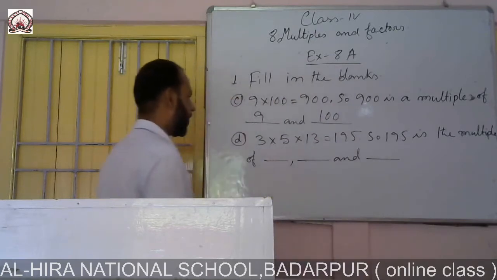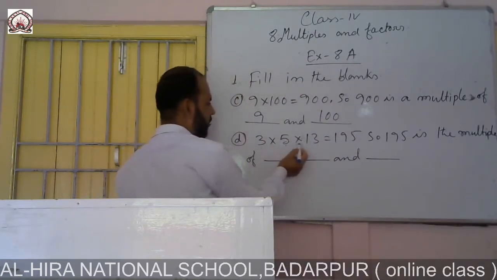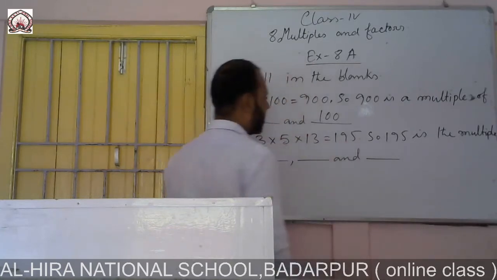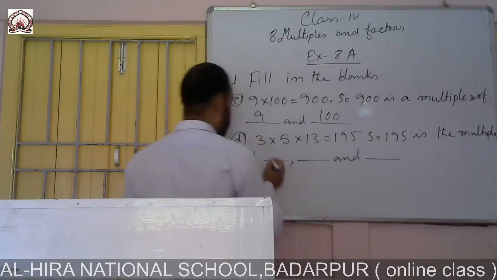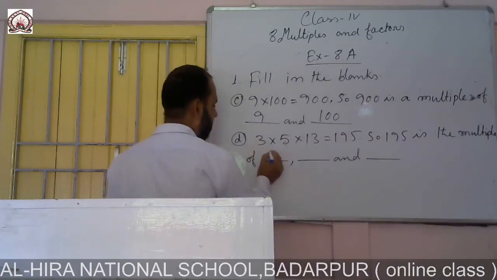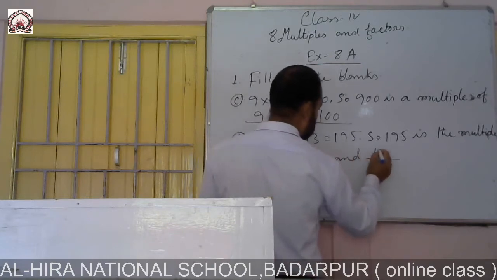So here we found 3 into 5 into 13 equal to 195. So 195 is the multiple of 3, 5 and 13.